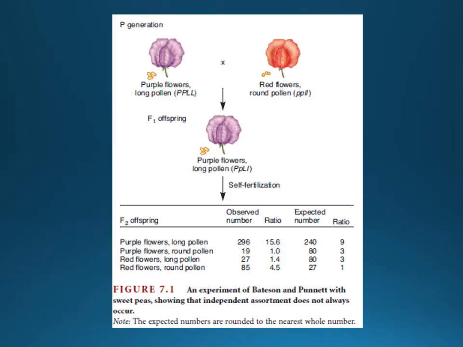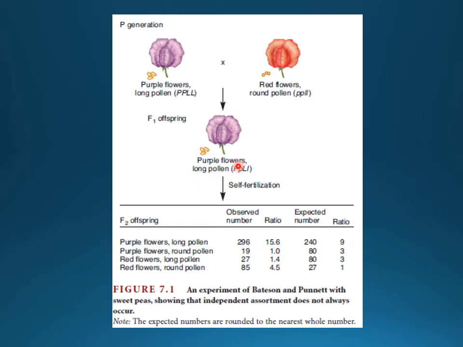This is the cross between two parental generations. One is purple flowers with long pollen and the other is red flowers with round pollen. In the F1 generation, all are purple flowers with long pollen.